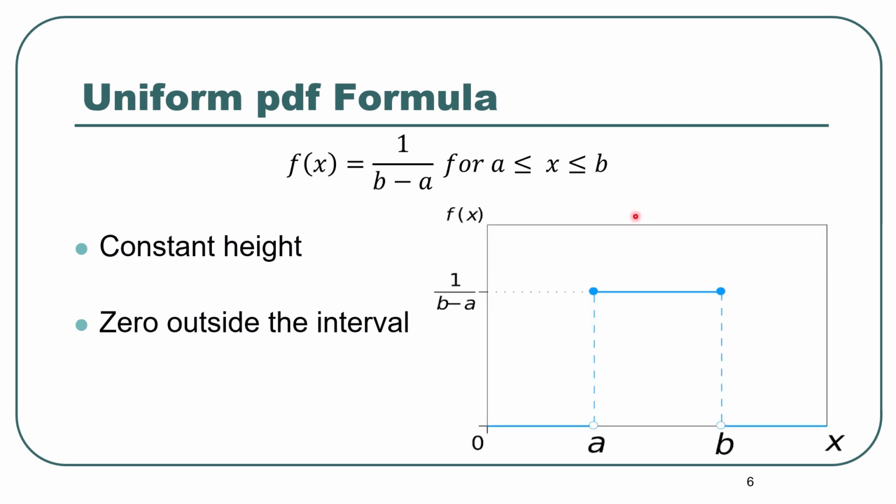So let us see the graph. So here is my graph. X is from a to b. From a to b, the density f of x is gonna have the height of 1 over b minus a, which is that value. So this is the uniform distribution. Beyond that range, you are gonna see that the probability, or my f of x, is equal to 0, or defined to be 0 if it is less than a and greater than b.